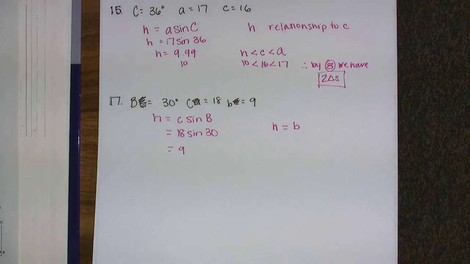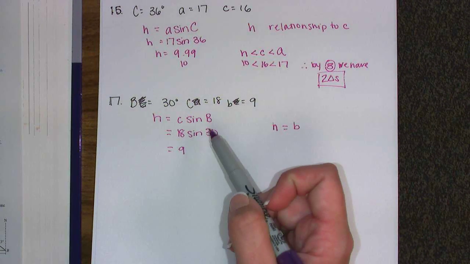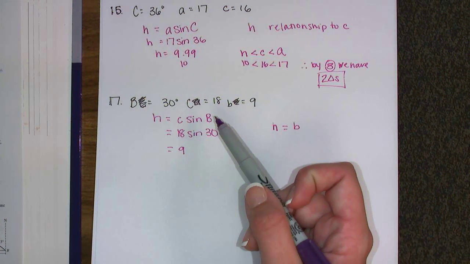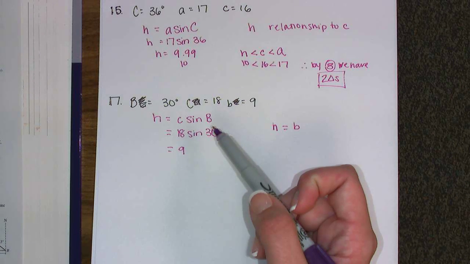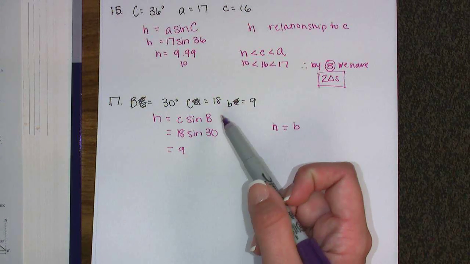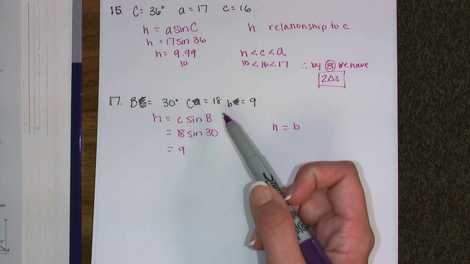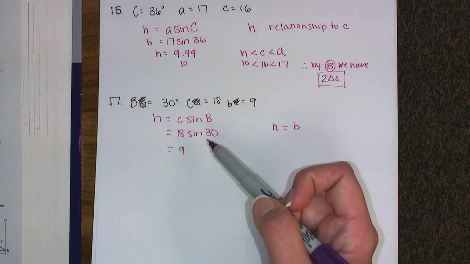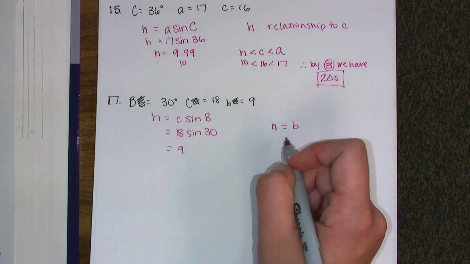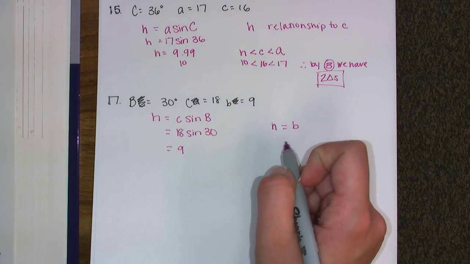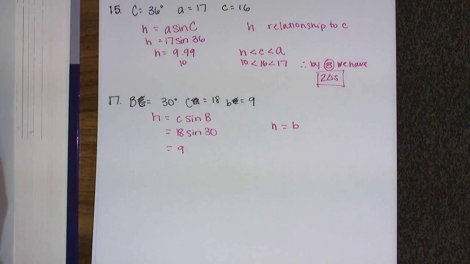So 18 sine of 30, I get 9. And there's no rounding or anything happening here. So this one says that it gives us 2, but it appears to only give us 1.